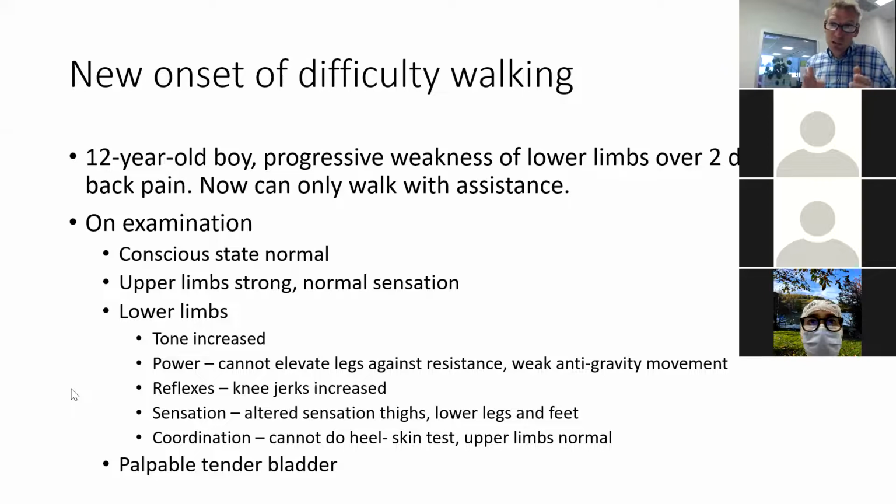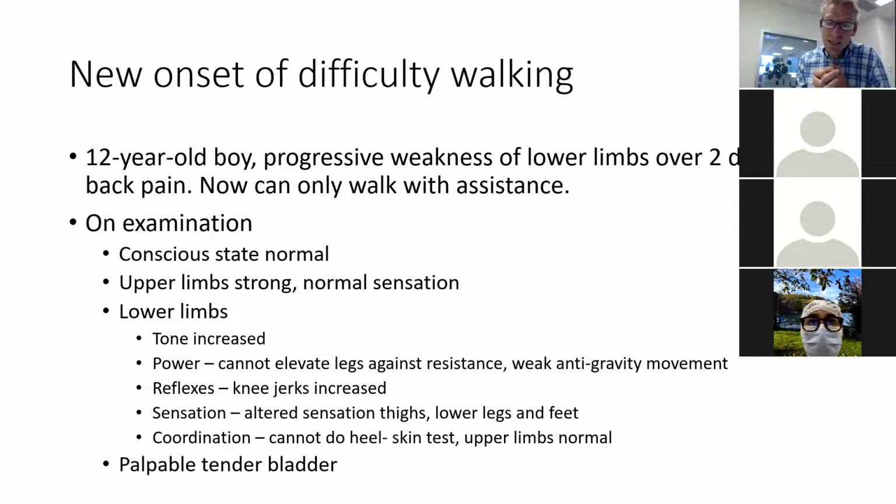When you've heard that story and seen that examination, remember we always should ask not so much what is the diagnosis, but where is the lesion, right? So where is the lesion in this boy? He could have a spinal issue going on.